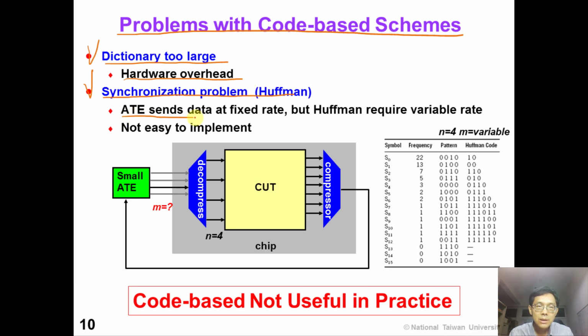Typically, ATE sends data at fixed rate, but the Huffman technique requires variable rate. This is a problem because we don't know how many bits we want to send to the CUT at a time. So this technique is not easy to implement practically. In conclusion, code-based techniques are not very useful in practice.